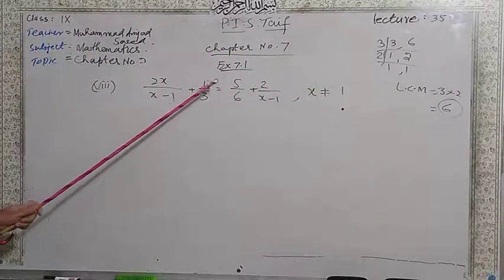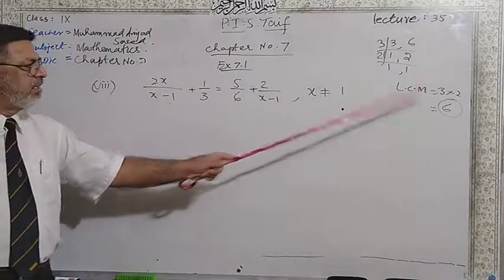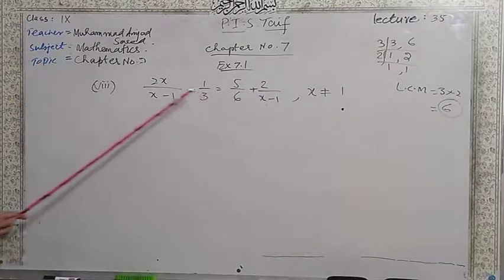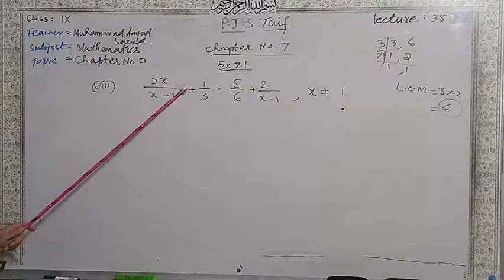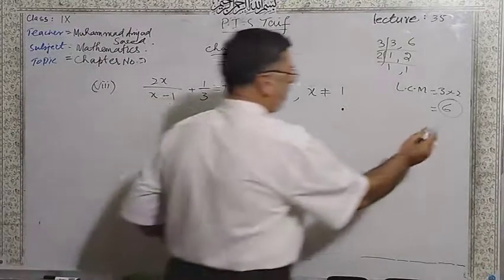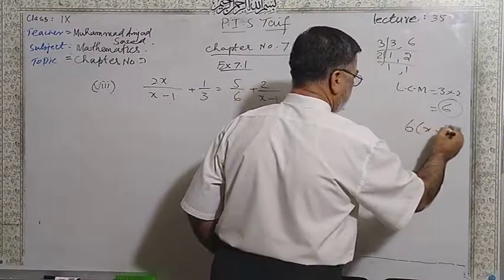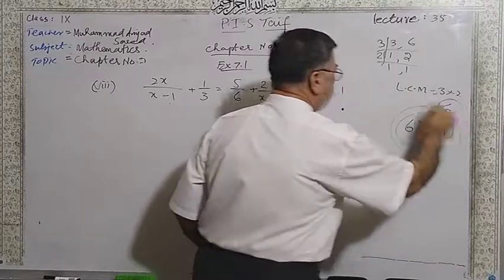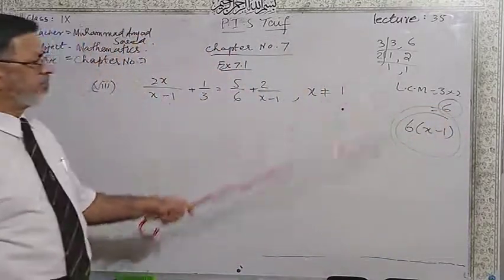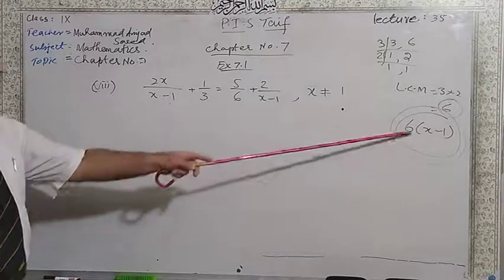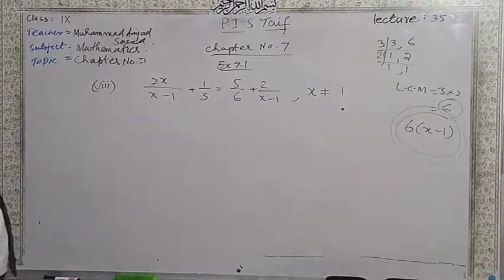LCM of 3 and 6 is 6. But x minus 1 and x minus 1 are coming 2 times, so it will be taken once. This is your complete LCM. 6 into x minus 1 is your complete LCM.